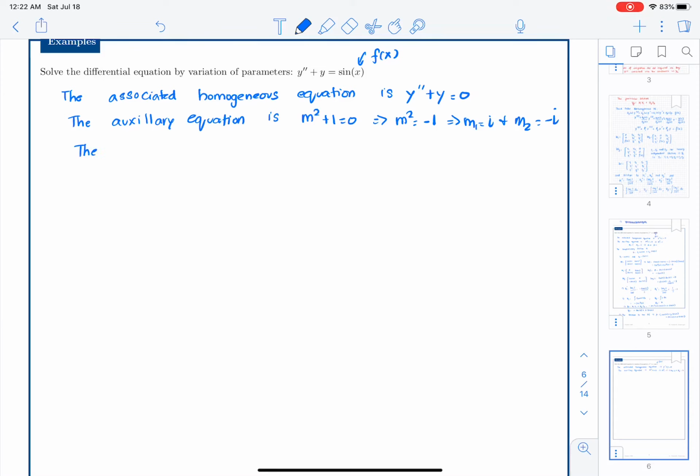So the complementary solution yc equals c1 y1 plus c2 y2. We know alpha is 0, beta is 1, so yc is c1 cosine x plus c2 sine x.